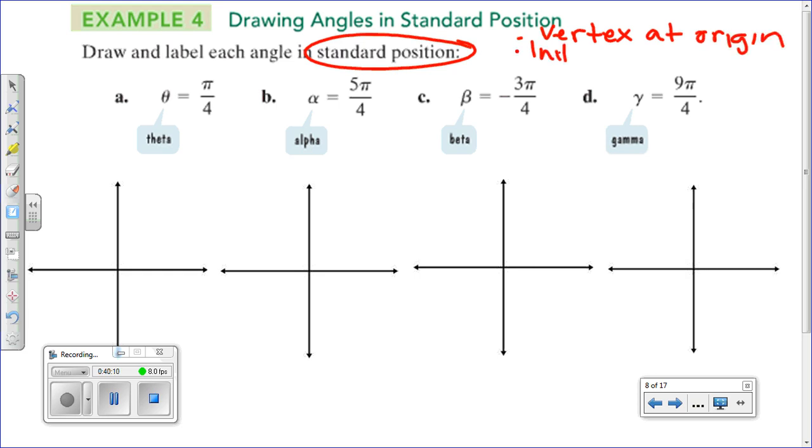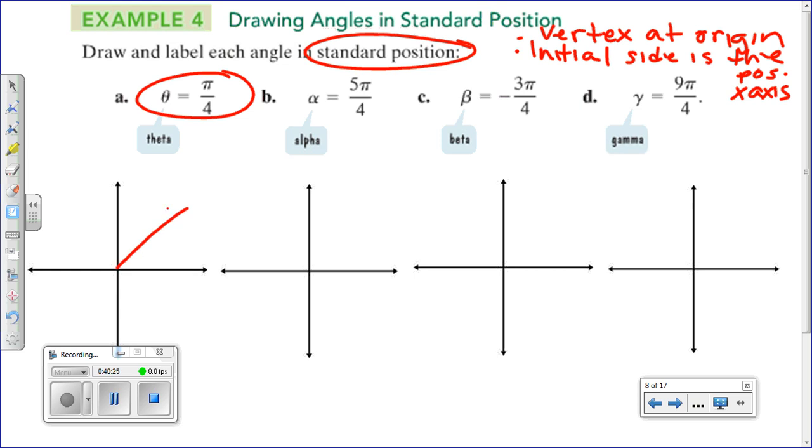And initial side is the positive x-axis. Okay, so pi over 4, it's very easy, right? We already know where that is. It's half of pi over 2. So initial side, terminal side, and we get the direction of the angle. So that's theta.